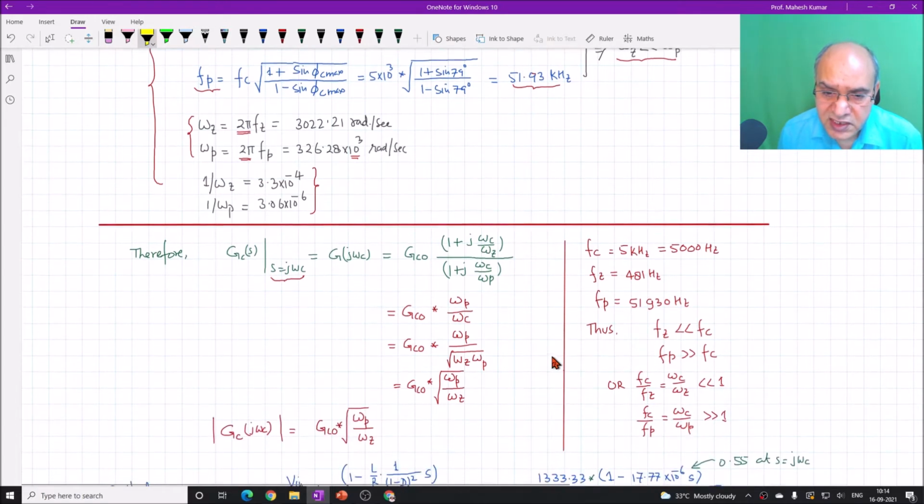So we can study the magnitude of G at omega equal to omega c by simply replacing S with j omega c. So here the S becomes j omega c.